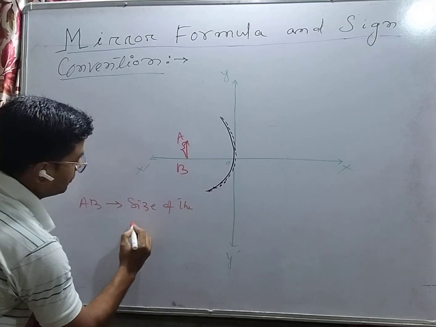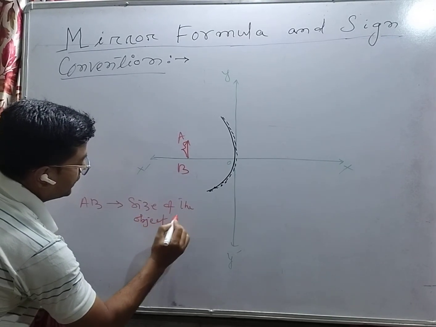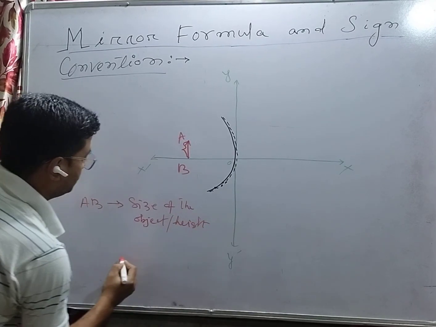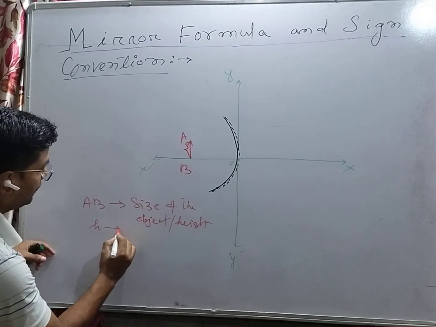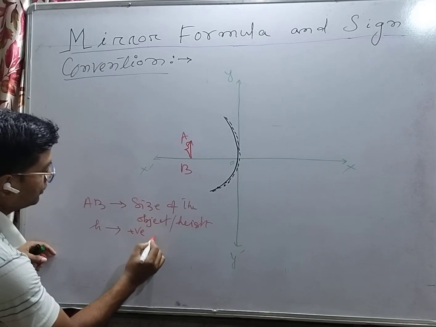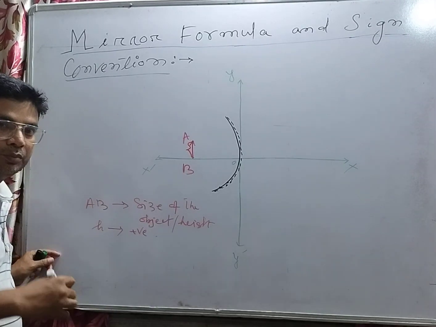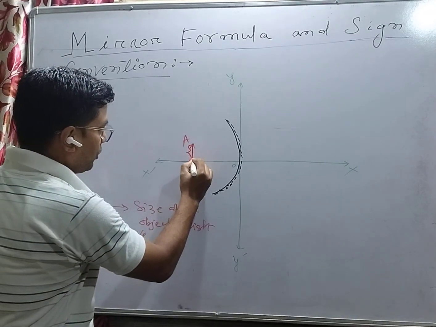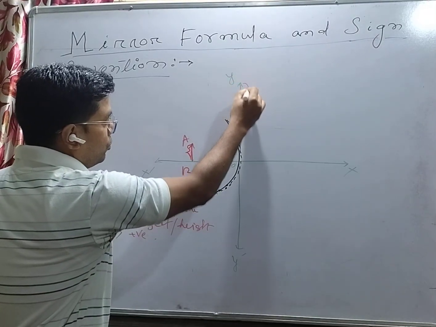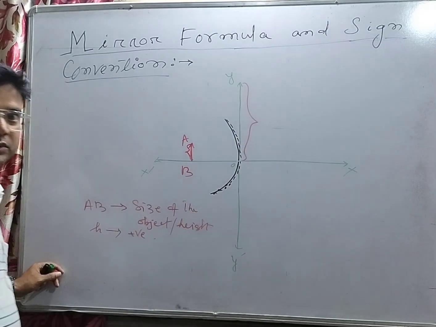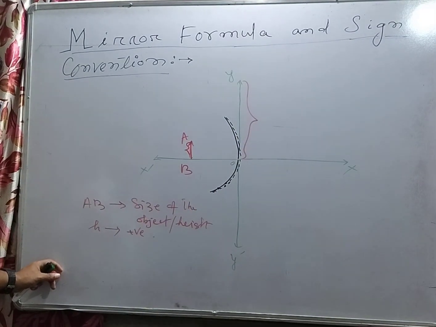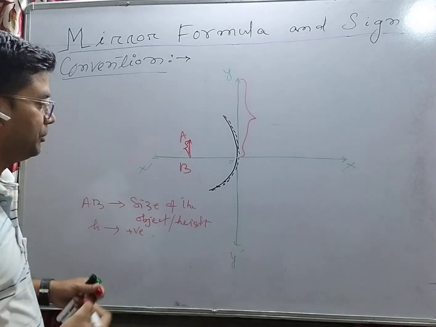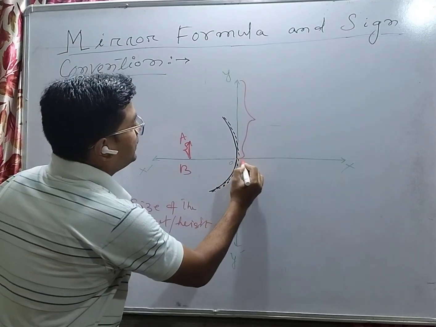We can say it is the height of the object, that is h. h is always positive, because the height of the object is along the positive axis of y. That is why the height of the object is taken as positive. And this is the pole.